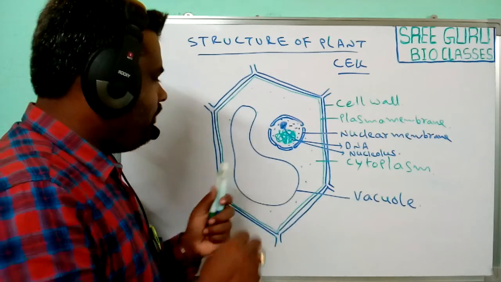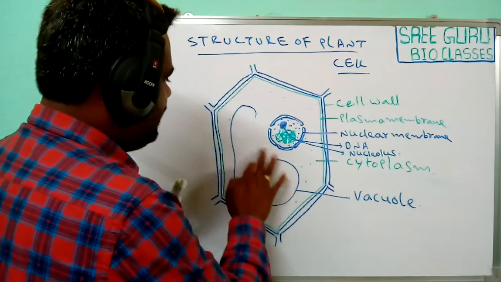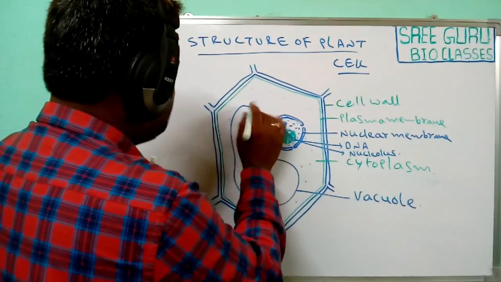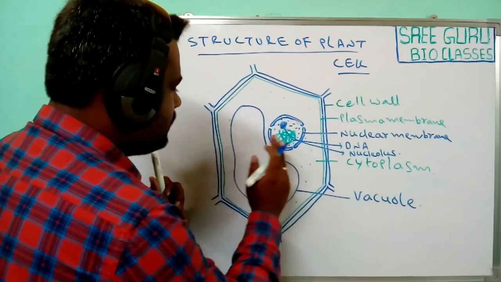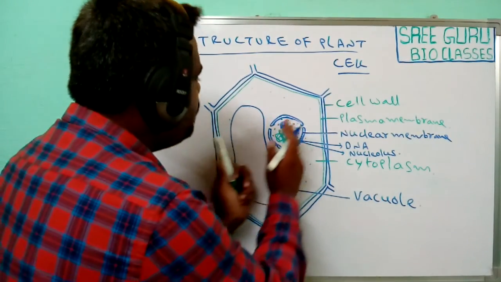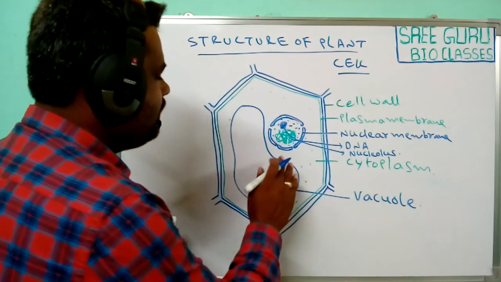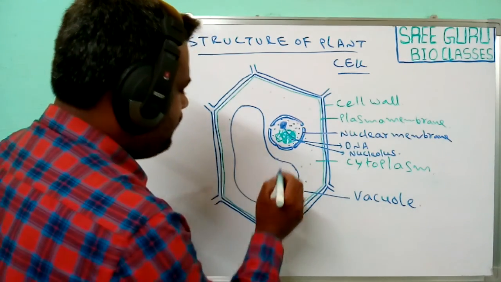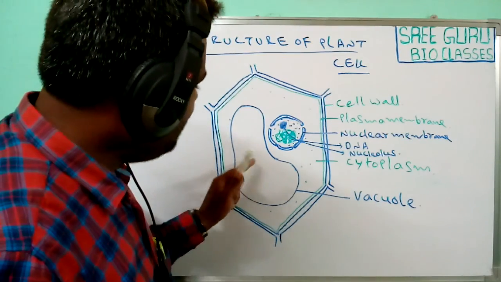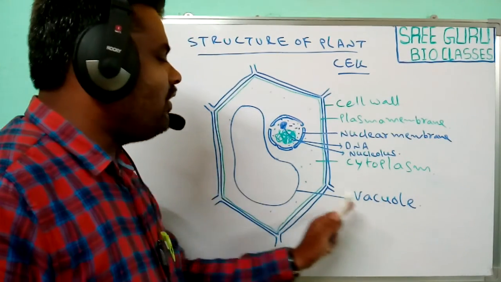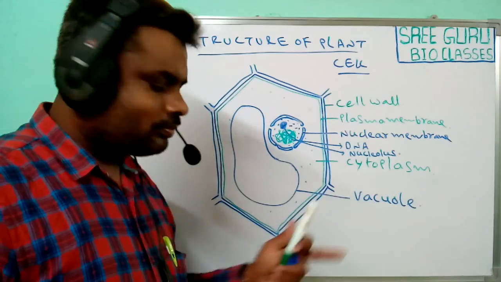Generally, when the vacuole is big inside the plant cell, the nucleus is pushed towards one side of the cell. So it is one of the most important characteristic features observed in the plant cell, the presence of a vacuole.